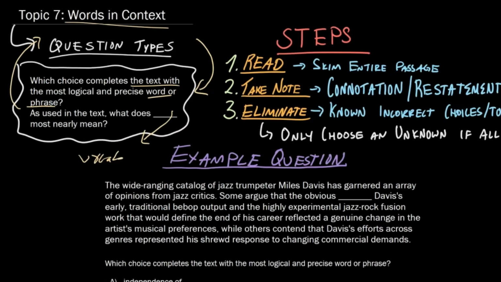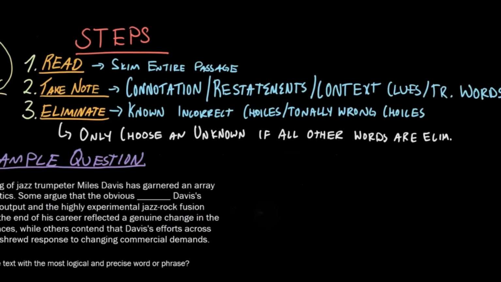What does that most nearly mean? What they might give you here is a word that has a bunch of different meanings, like date, let's say. You have the fruit, you have the calendar date, you might have a romantic date, etc. What does that most nearly mean? Then they'll give synonyms for the different meanings of that word.